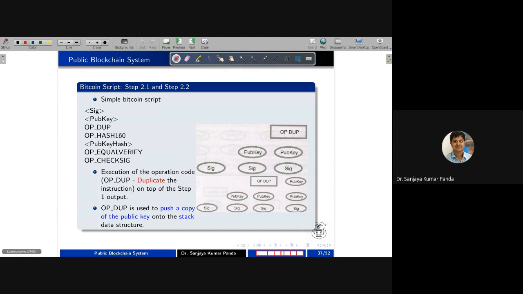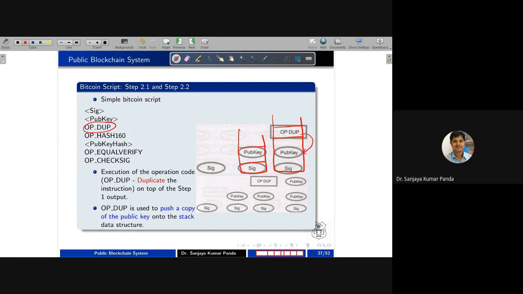Next, we'll execute OP underscore DUP. As I said, duplication. So this is our stack content till now: we have signature, we have public key. On top of this, I have added OP_DUP, which is an opcode instruction. It is going to duplicate the public key.